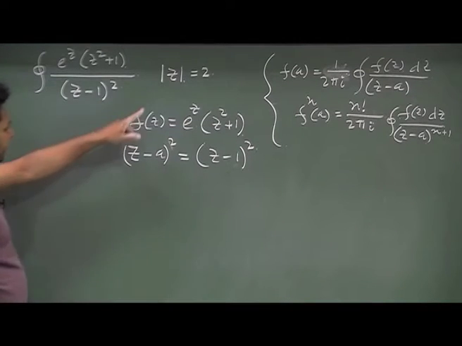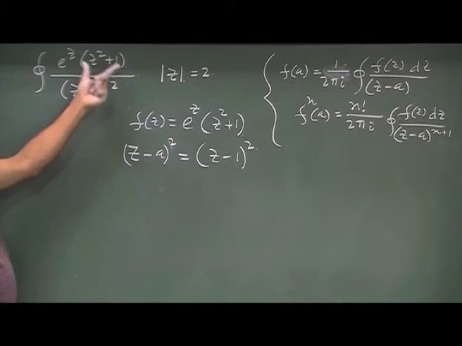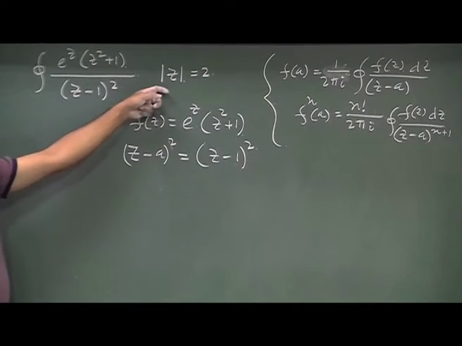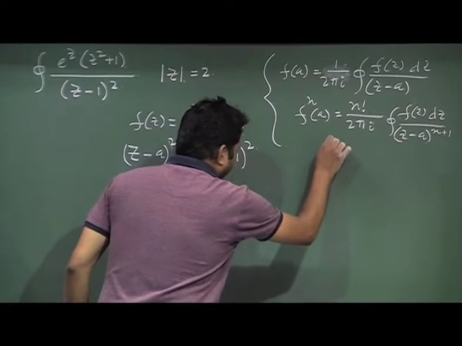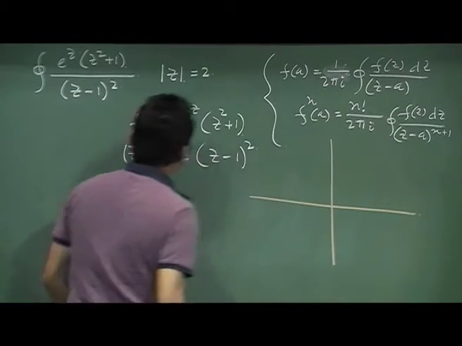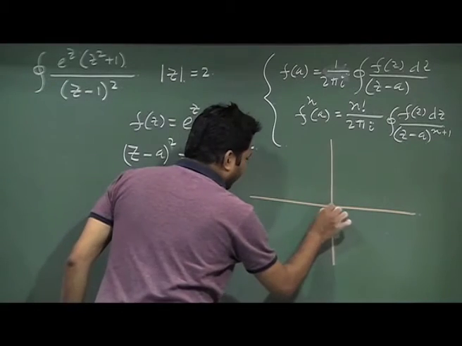Now, first we need to check whether this function, the entire function, is analytic over this region or not. So, this region first we need to draw. Let me draw it here. Mod of z equal to 2 means which region they are talking about?